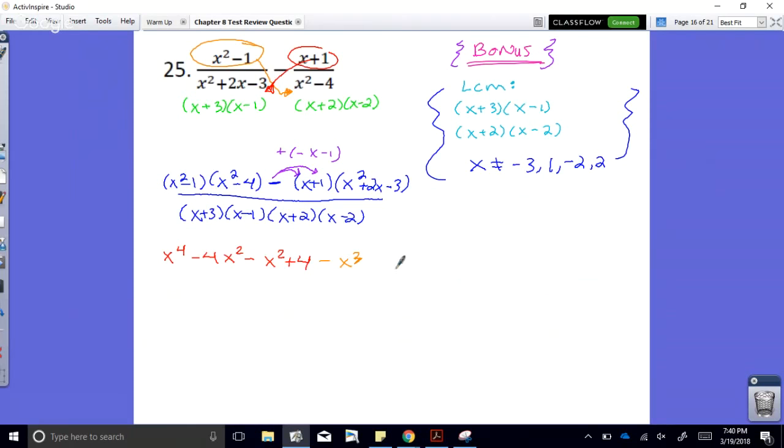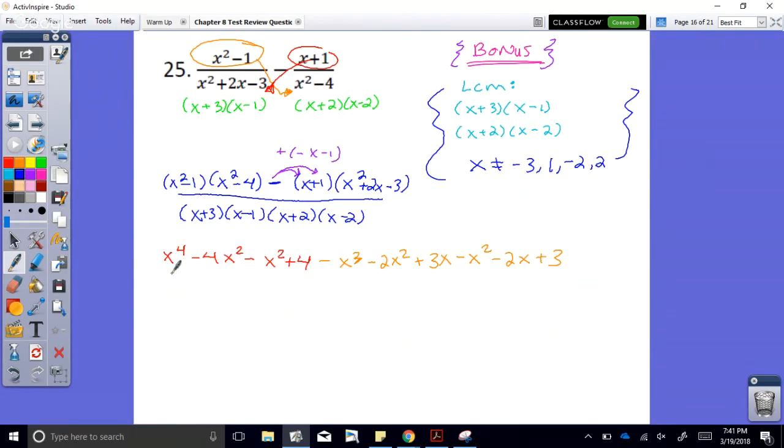And negative x times 2x, which is a negative 2x squared. Negative x times negative 3 is a positive 3x. Then move on to the negative 1. Negative 1 times x squared is a negative x squared. Negative 1 times 2x is a negative 2x. And negative 1 times negative 3 is a positive 3.